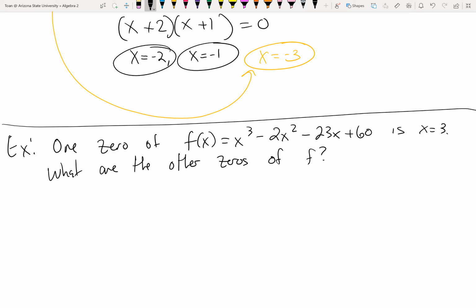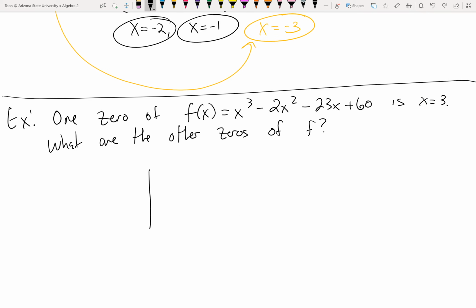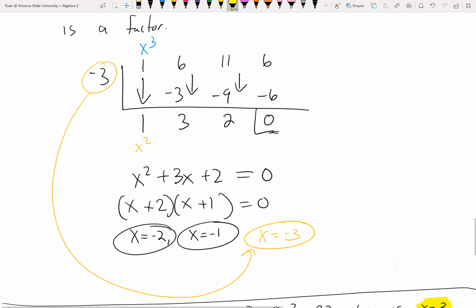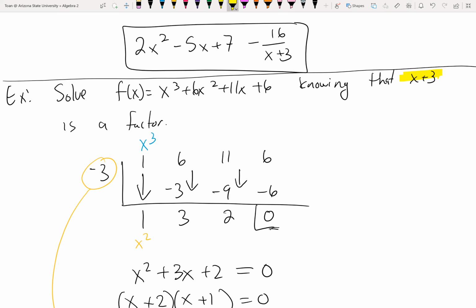In this case here, what information did I give you? I didn't give you a factor, but I gave you a zero or a root. So how does that change things? When I do synthetic division, 1, negative 2, negative 23, 60, this is the number that I'm going to use. Because again, this guy is a number, whereas this guy was a factor.